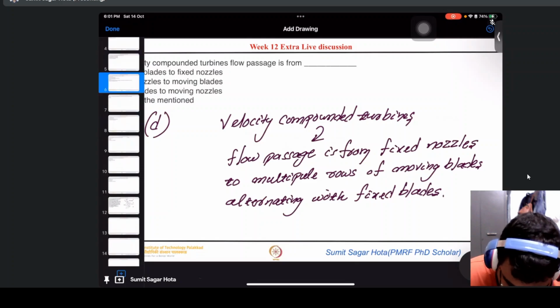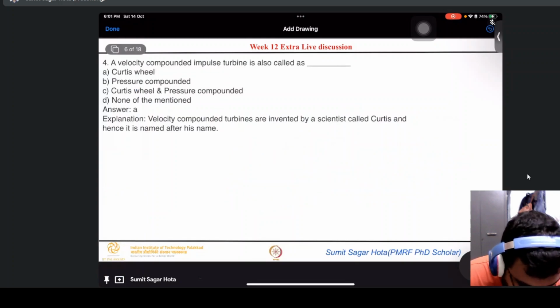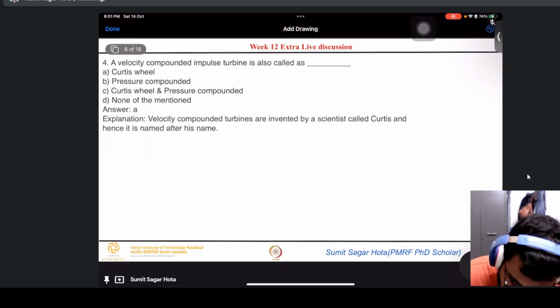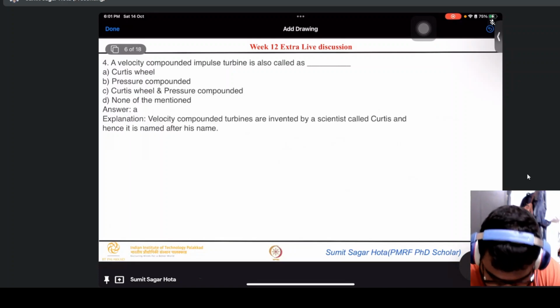Next question: a velocity compounded impulse turbine is also called as what? It's called the Curtis wheel. I already mentioned it.